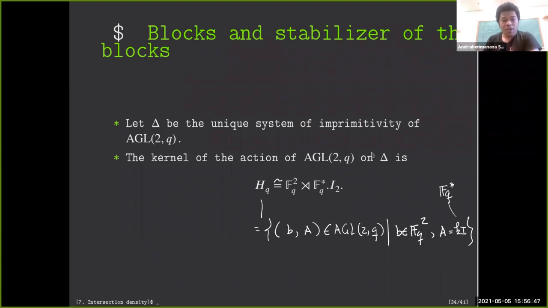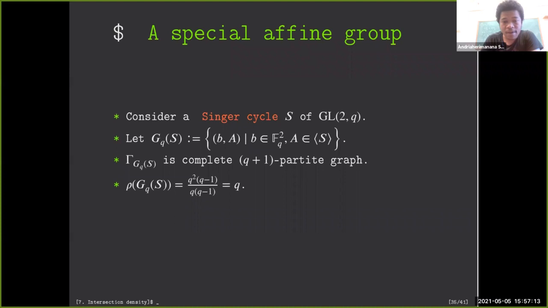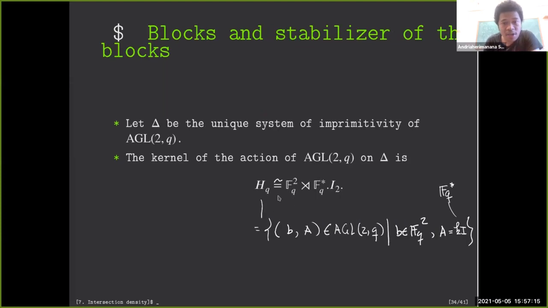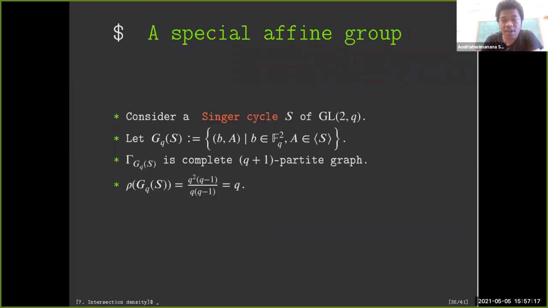If we consider these blocks Delta, the system of imprimitivity that we saw earlier, then the stabilizer of the blocks is this subgroup, which consists of the affine transformations of this form where A is a scalar multiple of the identity. Maybe it's worth mentioning that this group is normal in this case.